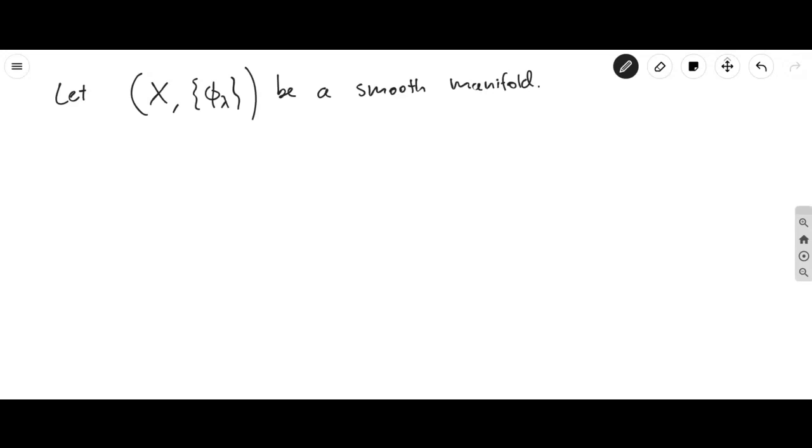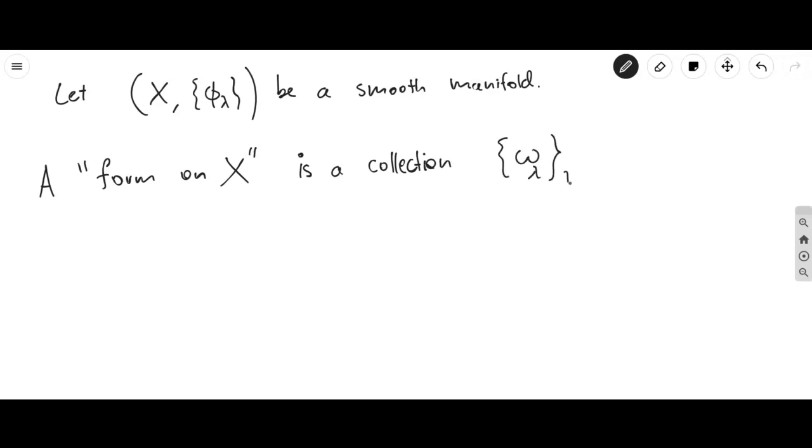We have a smooth manifold, and we define a differential form, maybe I'll just say a form. A form on X is a collection, let's call this a collection, omega subscript lambda. So this is going back to the idea that anytime you have a smooth manifold, in order to understand the smooth manifold, you just have to understand what's happening on the charts.